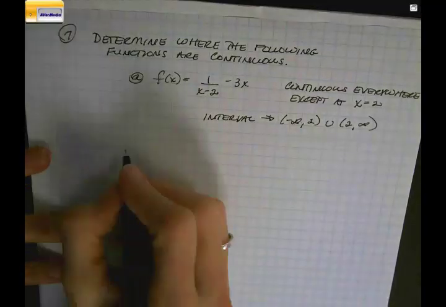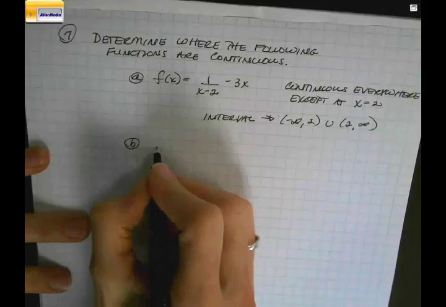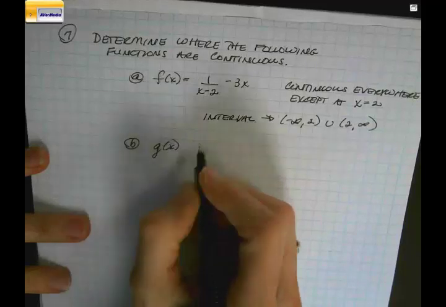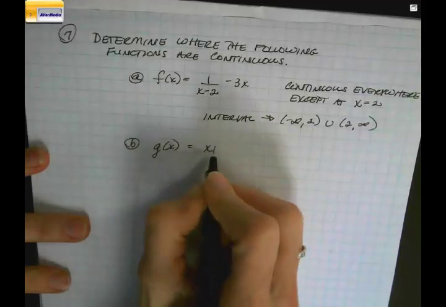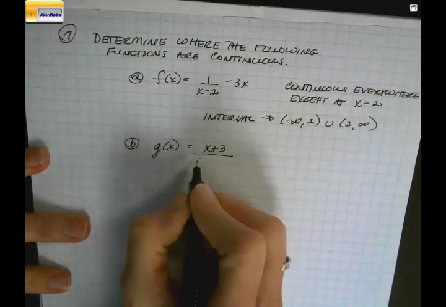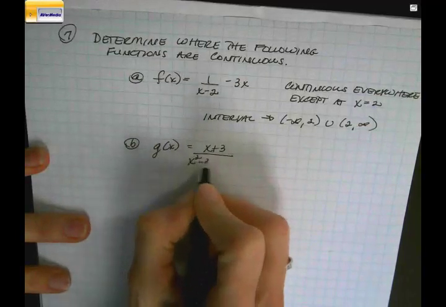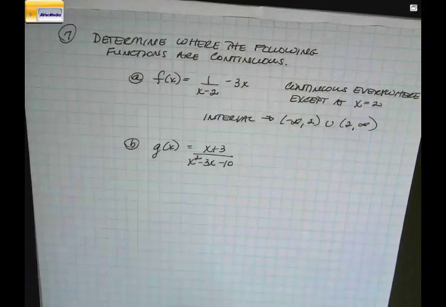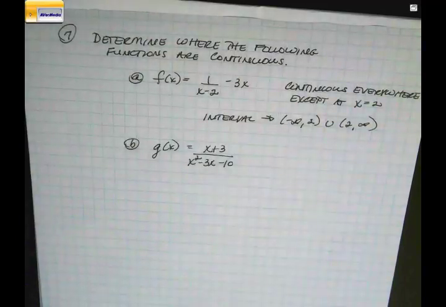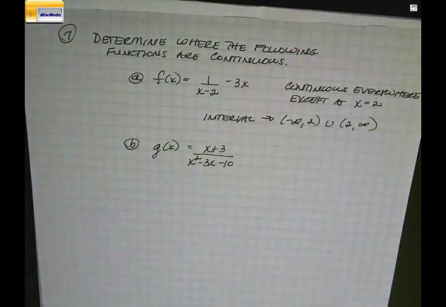Okay, so we'll do another one like that and put it in interval notation. What if our function looks like this? x plus 3 over x squared minus 3x minus 10. The question is to determine whether the following functions are continuous. Well, this one's bound to have some vertical asymptotes, but it might be a hole. Regardless, if it's a hole or a vertical asymptote, it's going to be discontinuous at that point.